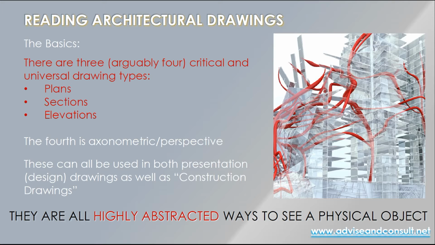An example of an extremely complicated design drawing, and I'll talk about that as well, is what I'm showing here. This is plans, elevations, sections, perspectives, axonometric, all of the drawing types shown in a single drawing as an art piece.